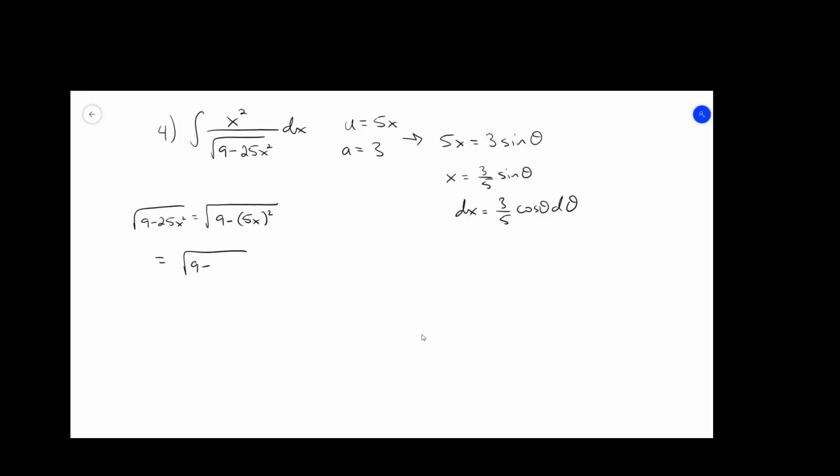It turns into 3 sine theta, and then that is squared. Then you get 9 sine squared theta, and the same thing that's been happening for all of these happens again. Factor out that 9, and then take the square root of 9, you get 3. That 1 minus sine squared becomes cosine squared, and so at the end of this, we're left with 3 cosine theta.